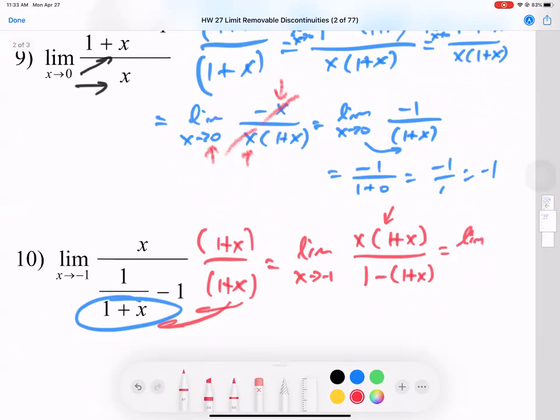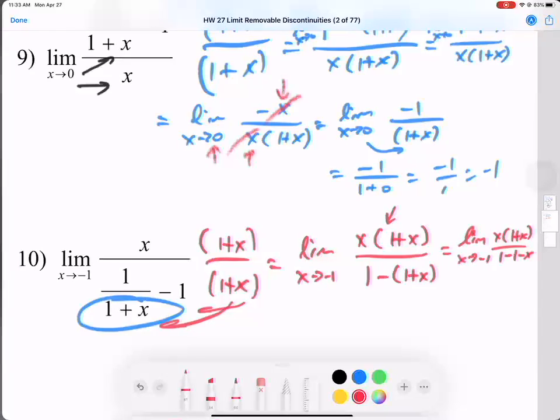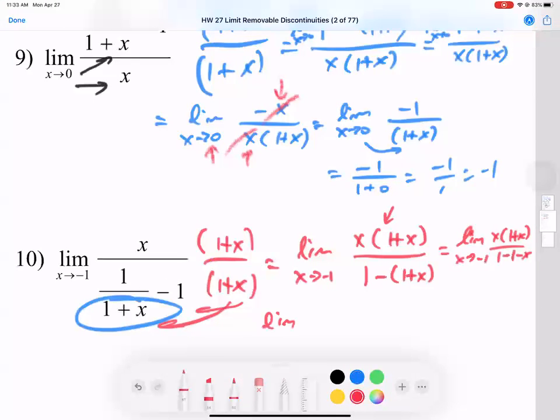So we're going to be left with limit, x approaches negative 1, of x, 1 plus x, over, distributing it will be 1 minus x, distributing that negative sign. And we see the 1's subtract from each other. We're left with the limit, as x approaches negative 1, of x, 1 plus x, all over negative x.